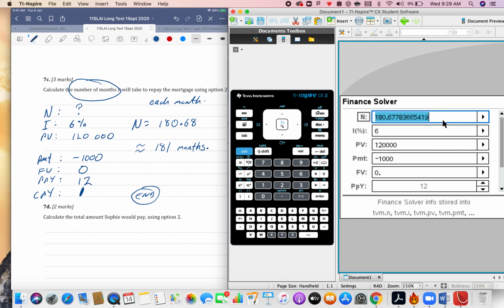Part D is a similar follow through. If we have 181 months of payments and we pay 1,000 per month, that's approximately $181,000 as the total amount paid. You can see that the amounts paid under each scheme are a little bit different, aren't they? I think the next part of the question asks us to compare and contrast.